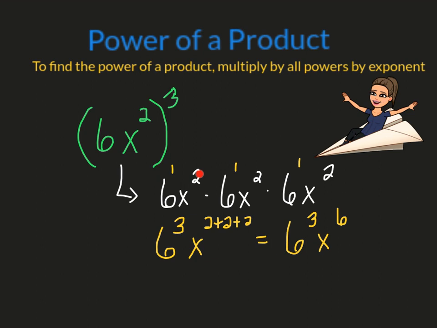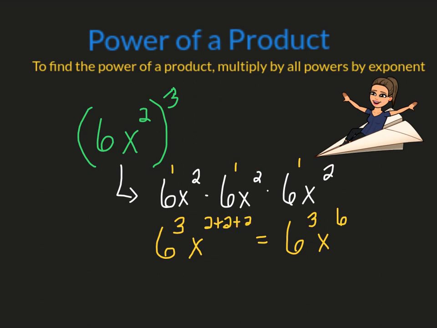So 6x squared times 6x squared times 6x squared. That's raising that to the third power. But I went through and wrote in the 1s on the 6's. So I wrote down 6, and then I added my exponents, which was 3. And then I wrote down the x, and then I added the exponents.